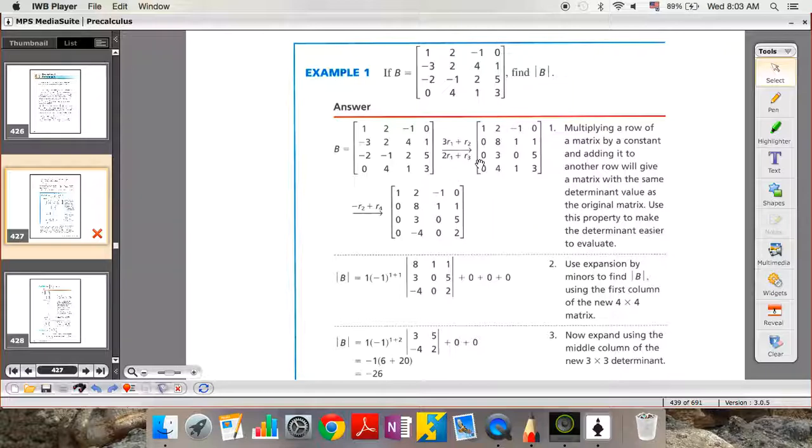The other thing you can do is use your Gaussian elimination techniques and combine rows so that you end up with lots of zeros. Do you see how we multiply row 1 by 3 and add it to row 2, and we got all zeros? Or we got a 0 in the first one, and then multiply row 1 by 2 and add it to row 3, and we got a 0 here in the second part.